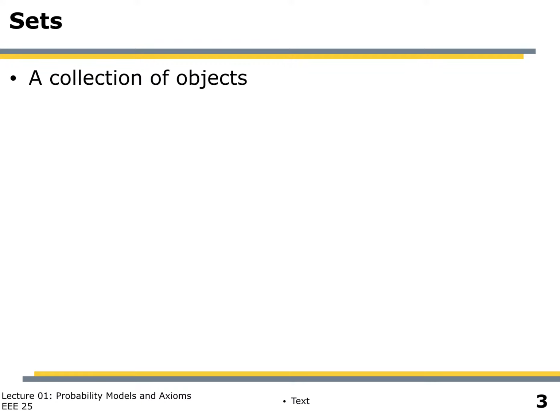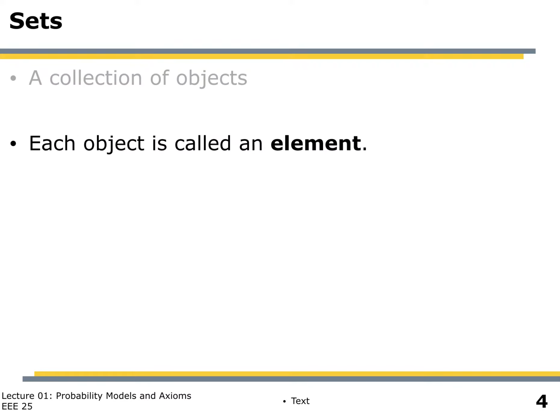Now, the technical term for the object of a set is called an element. So in my most recent example, Monday is an element of the set of the days of the week. Saturday is also called an element.